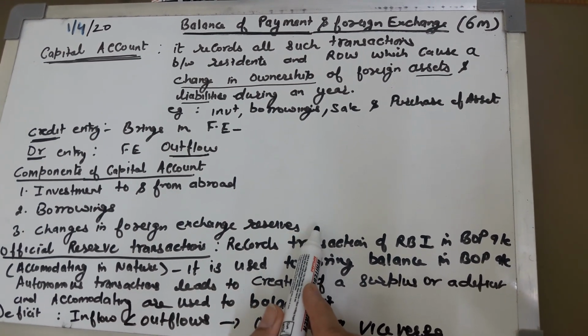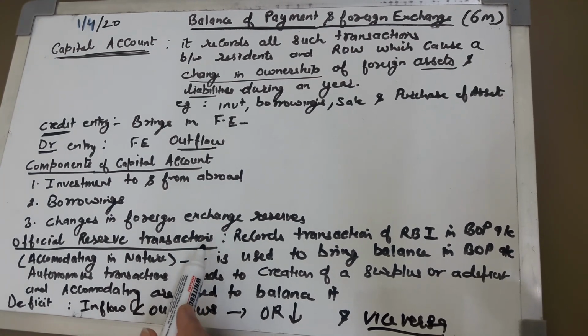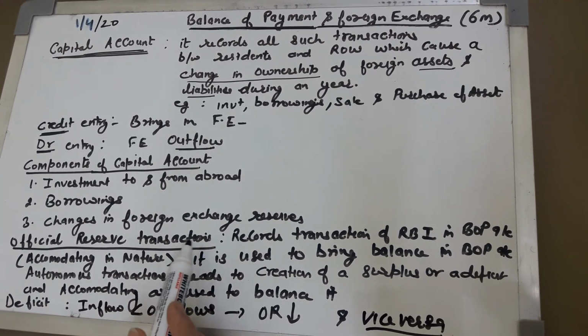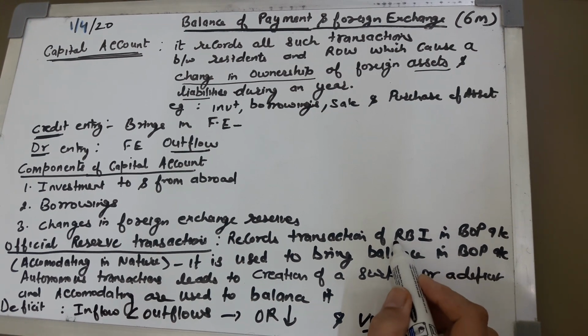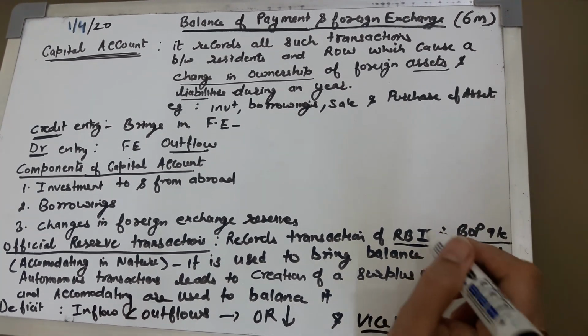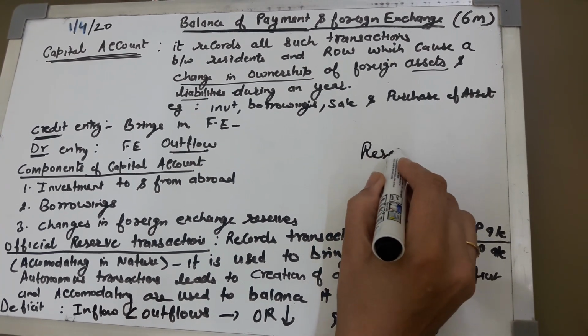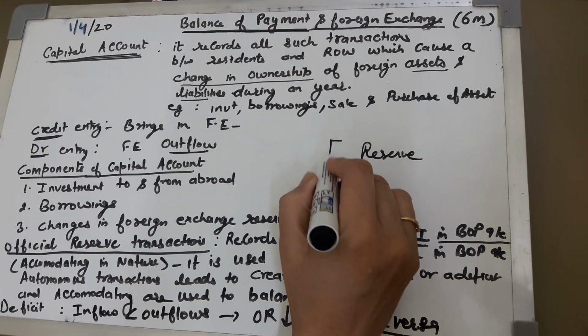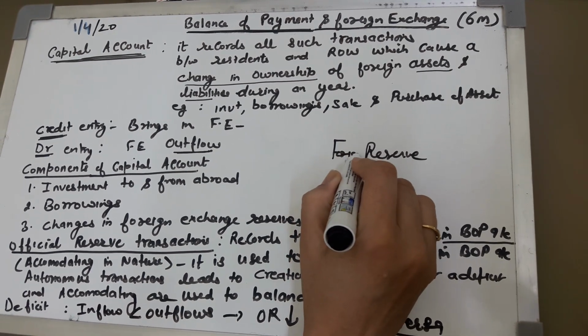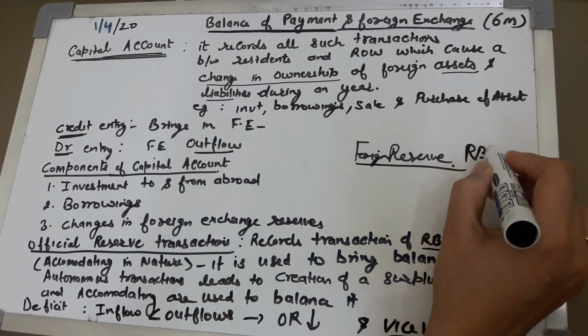Now, this is also called official reserve transactions. Basically, it records the transactions of RBI in the BOP account. The Central Bank of the country has a component with it called reserves, which are foreign in nature. So we have foreign reserves with RBI.